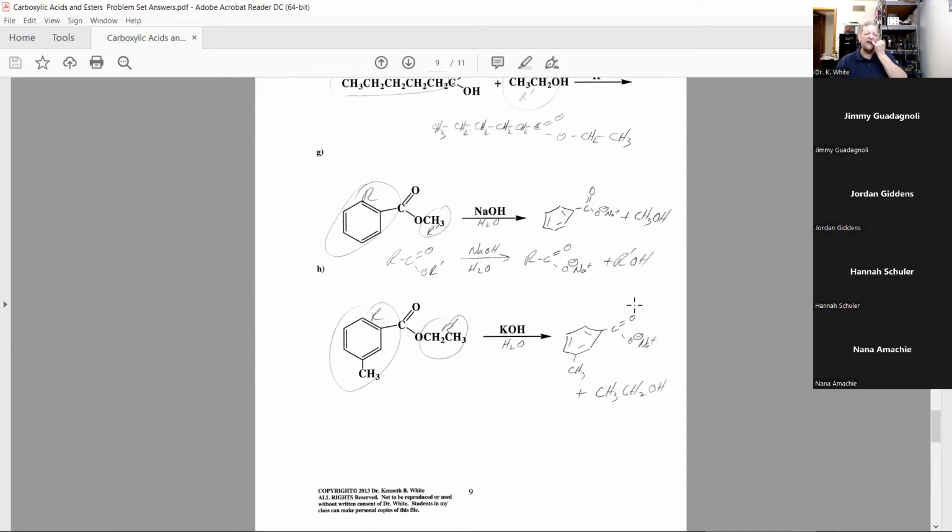Now, if you take an ester and react it with base and water, I have it like this, but a better way of showing the general reaction is like this.